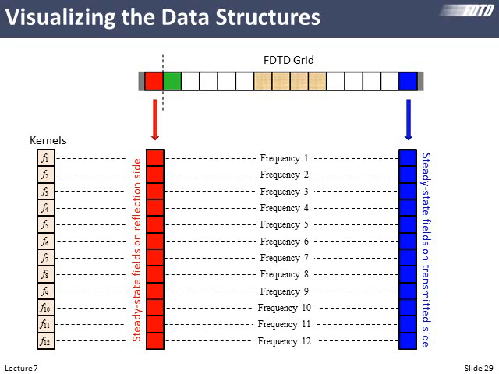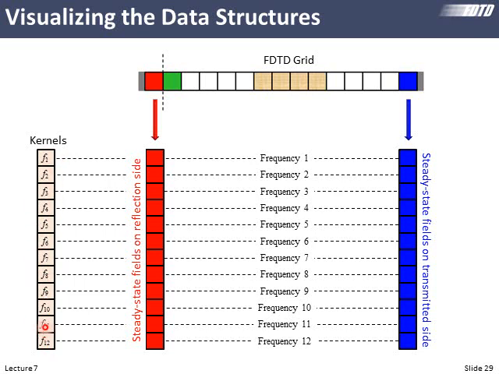So here's how I visualize what is happening. At the top here, we have our grid. And we will be recording the reflected fields at the far left side and to the left of this total field scatter field interface. And we'll be recording the transmitted fields way on the far right-hand side of the grid. So this is our real space grid. And what we'll do, we can imagine if we want a Fourier transform and we want to calculate 12 different discrete frequencies.